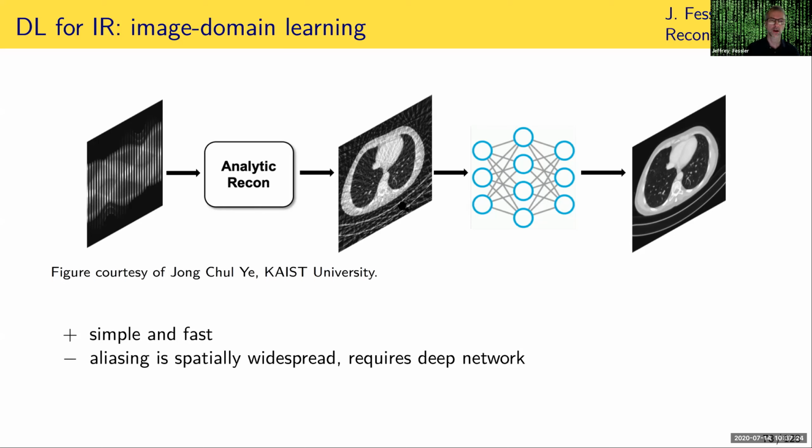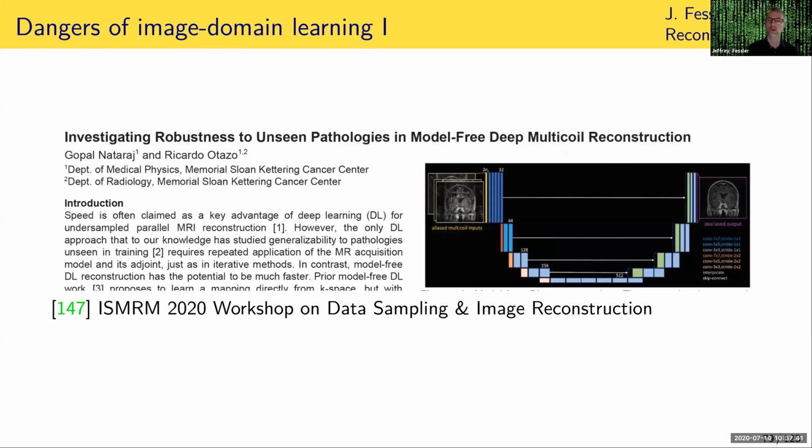This does require, in both CT and MRI, pretty deep networks, because the aliasing patterns in undersampled CT and undersampled MRI are quite widespread across the image. So you need a large receptive field to correct those aliasing patterns. And the problem with a large receptive field is that it has the possibility of hallucinations.